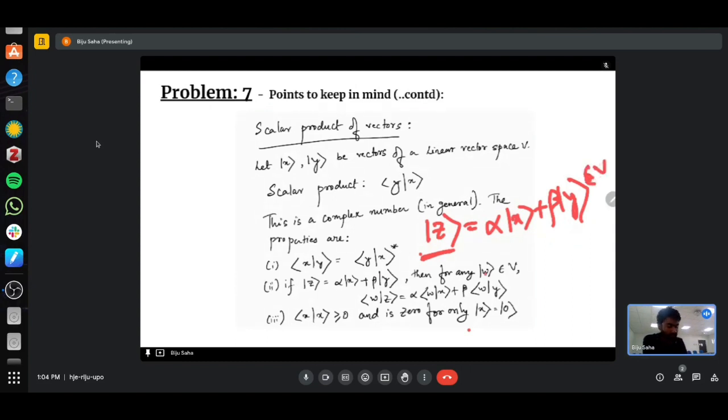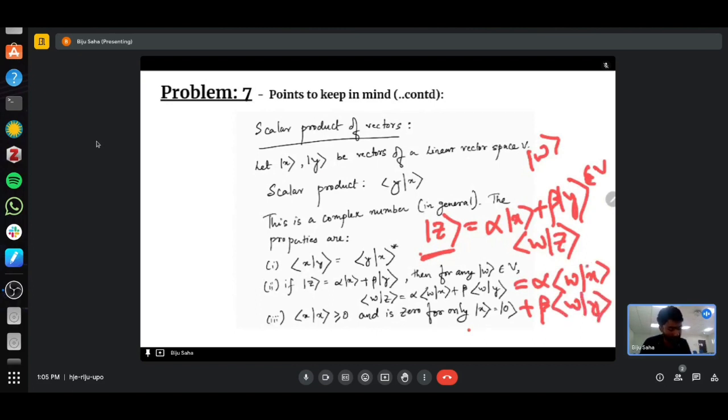Let us pick up any arbitrary third vector w. So x, y and w are three vectors. Now we have to find whether the inner product of w and z is given by this or not. So w is being distributed over x and y.